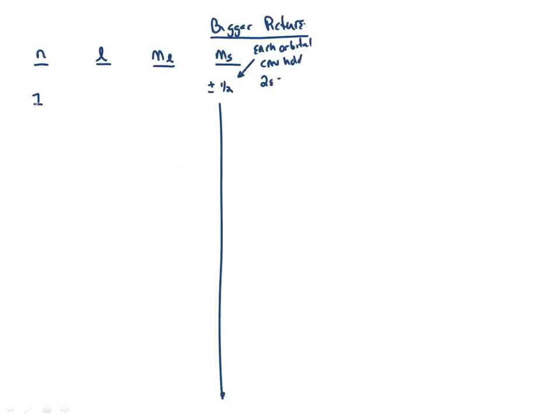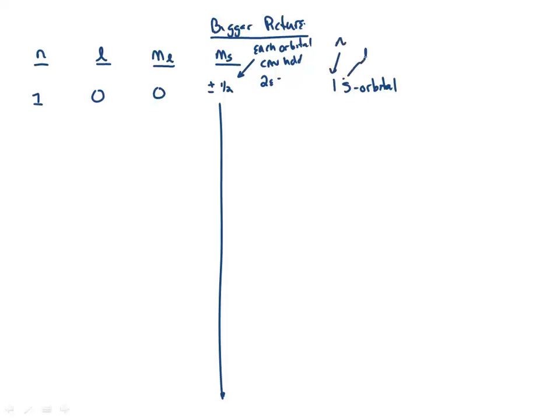It really does. So if n equals 1, L is only allowed to be 0, m sub L is only allowed to be 0, and we're going to call this our 1s orbital, because remember, 1 is the principal quantum number. This is our n.